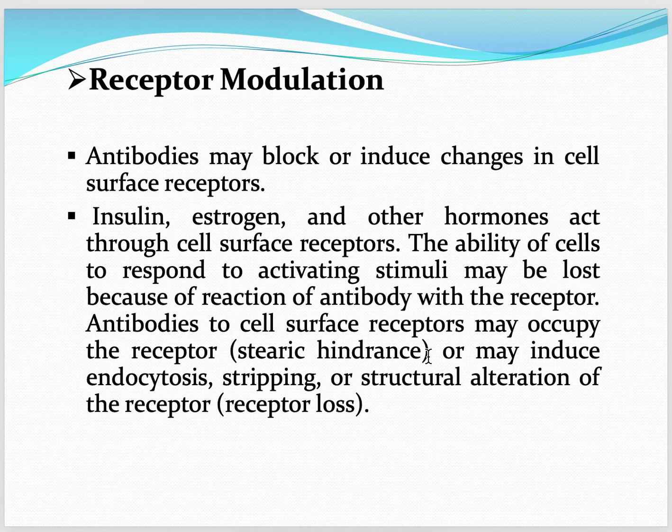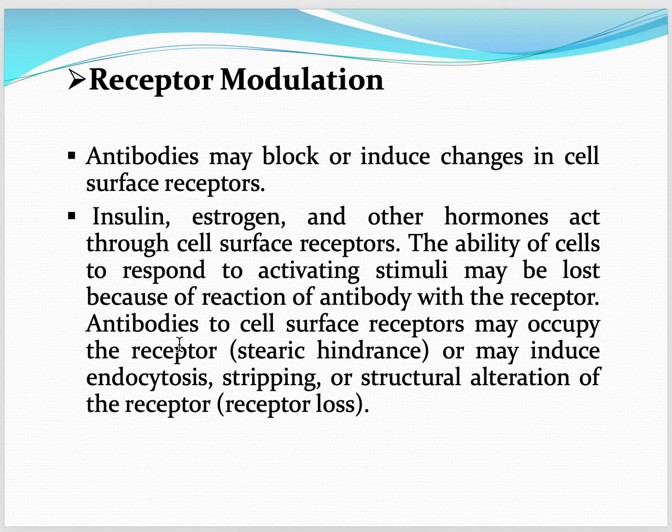Insulin works on cells which have receptors for insulin, and insulin can specifically bind with that receptor. It will work only on those cells; a cell which lacks the receptor for insulin will never bind with it. In this case, the ability of cells to respond to activating stimuli may be lost because of the reaction of the antibody with the receptor.